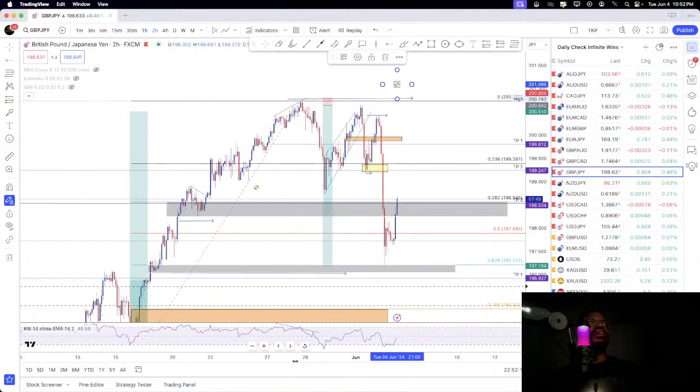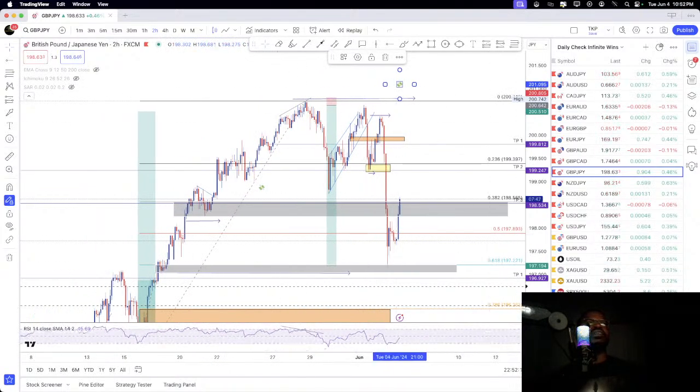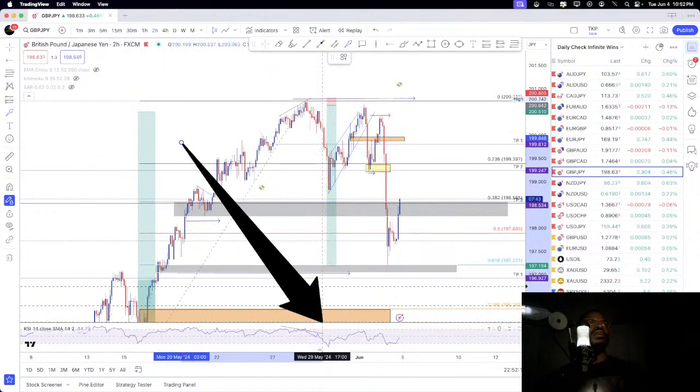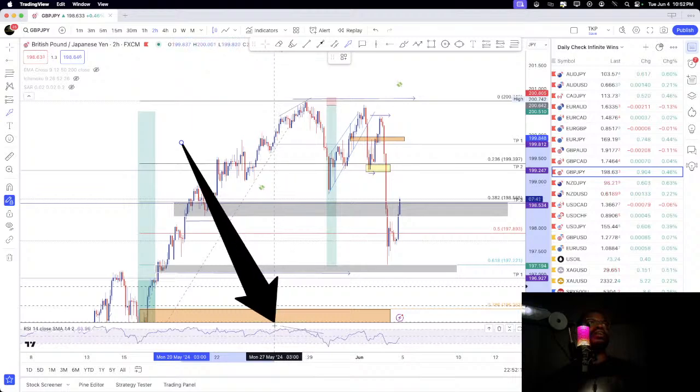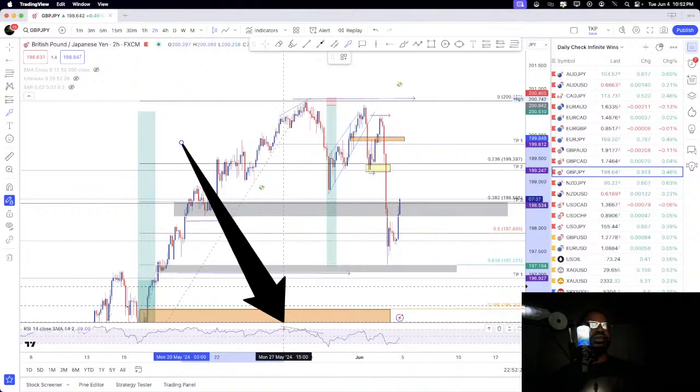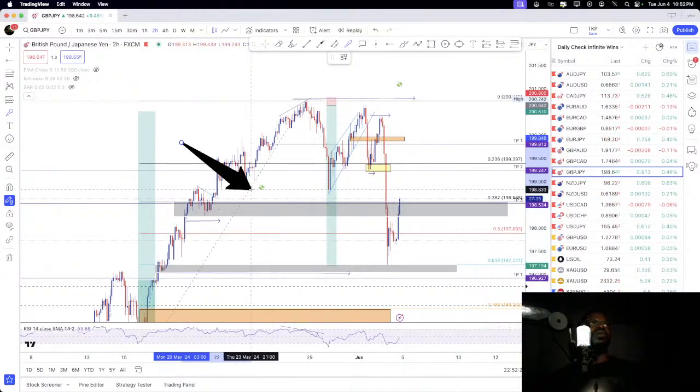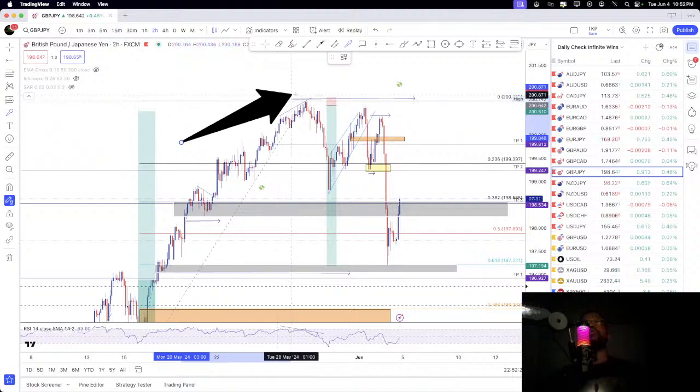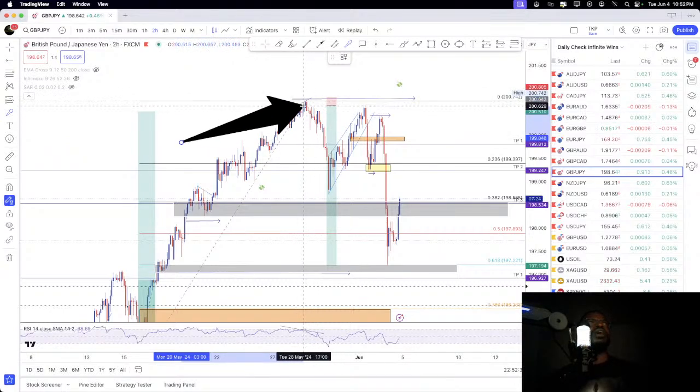Beautiful. If we look down here, this is what made me take this trade setup. We had divergence down here. This thing was making lower highs and lower lows while price was moving up. Not only that, we got a reversal pattern printed, a head and shoulders pattern, and price pulled back to retest with these wicks.